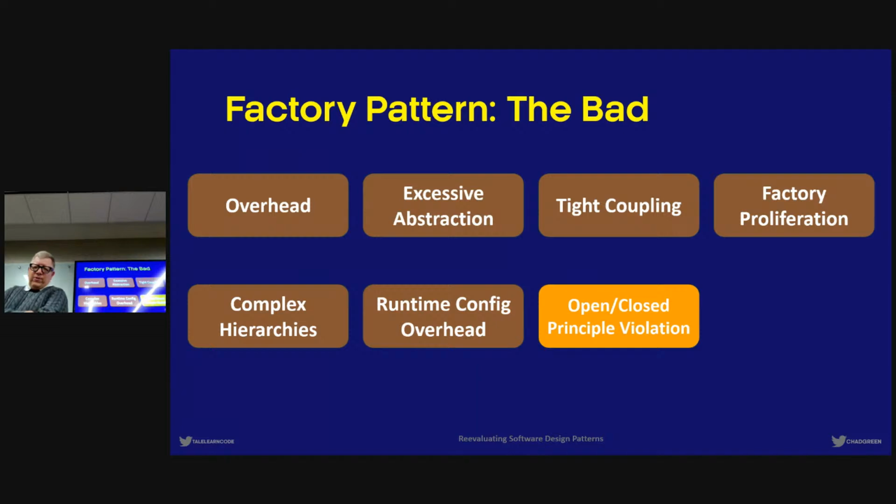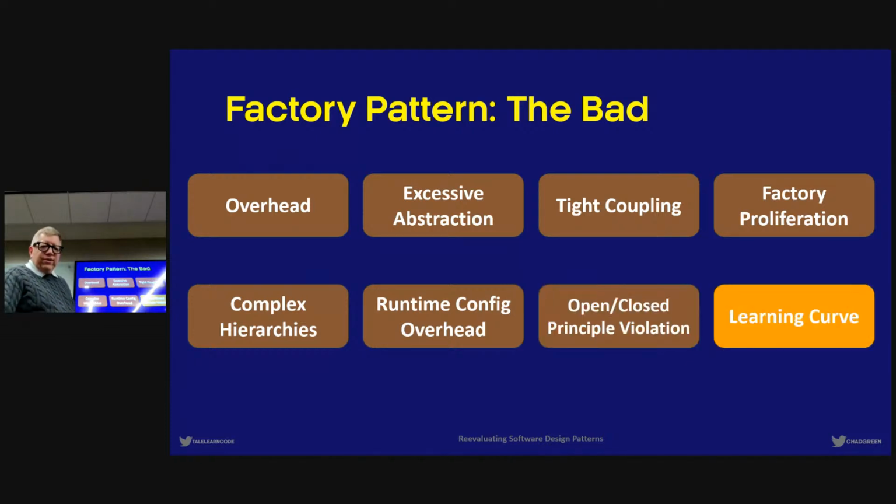The idea that it's open for extension, but closed for modification, right? If you really think about this, you have to watch out for that. Again, it doesn't mean that it's bad, right? It just means you have to be careful for it.